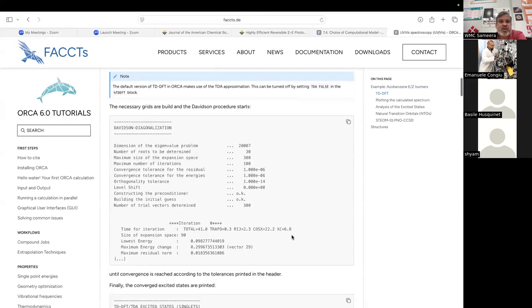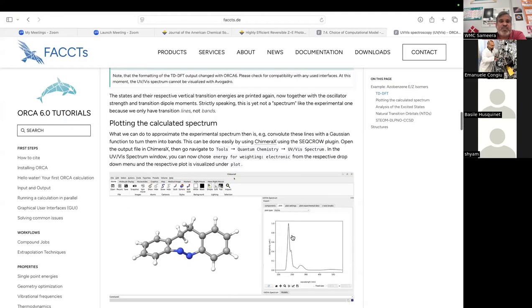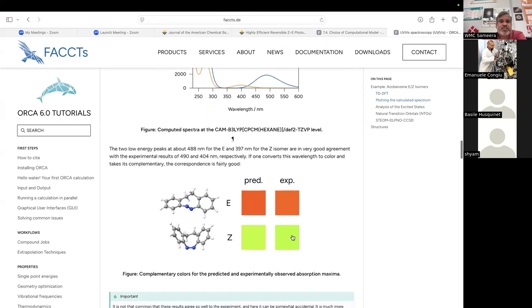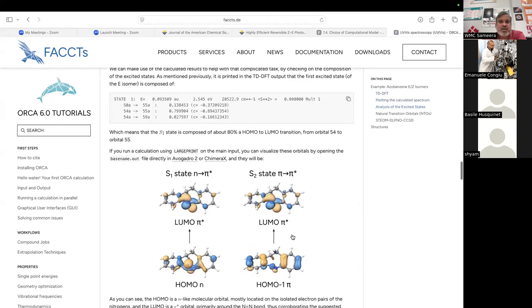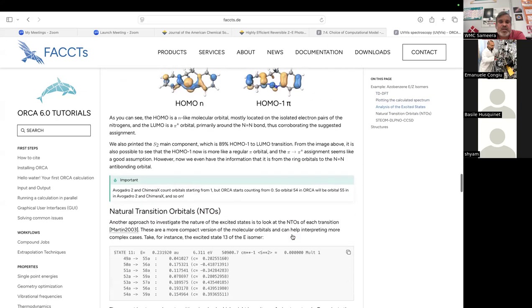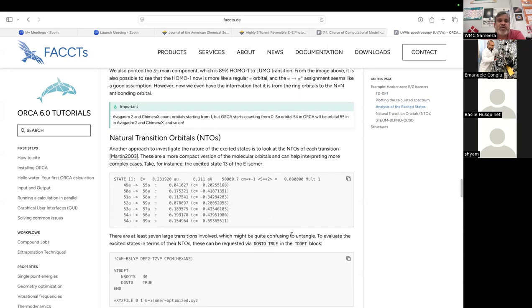So then you can compute natural transition orbitals. Here you see, it's a simplified way of looking at this data when you have many excitations, to represent single vertical excitations. Many orbital combinations are there.